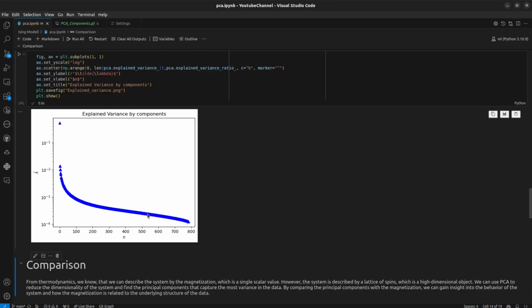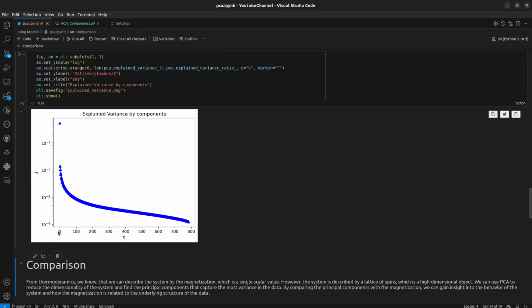And what we see is there is one principal component that explains a lot of variance, and it's an order of magnitude bigger than all the following ones. And that probably is the magnetization. The numbers down here are the number of the eigenvalue.